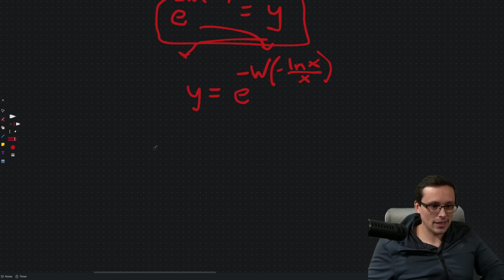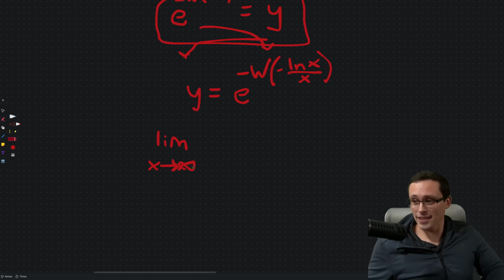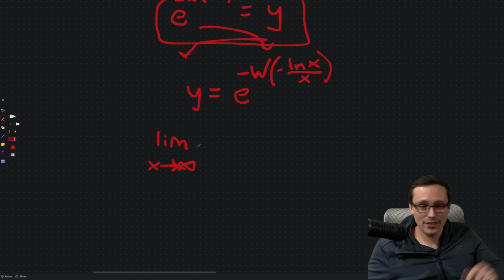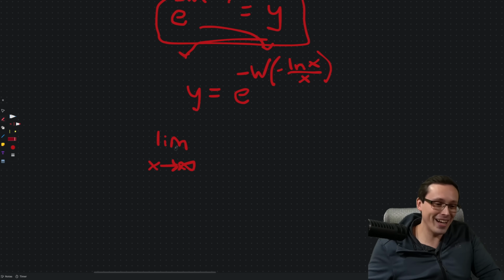So I want to look at what is the limit of this function as our input variable x gets infinitely close to being infinity. Now, I'm not going to get into the formal definition of a limit or any of that for the purposes of this video. So how are we going to do this? Well, one of the ways to think about a limit is, what if I just plug this number in for x?